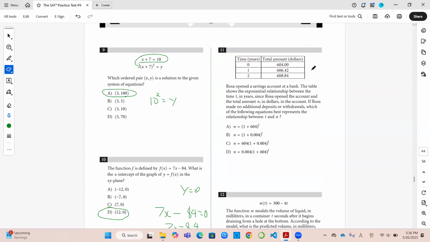Okay, Rosa opened a savings account at a bank. The table shows the exponential relationship between the time t in years since Rosa opened the account and the total amount n in dollars in the account. If Rosa made no additional deposits or withdrawals, which of the following equations best represents the relationship? The canonical equation for exponential is this.